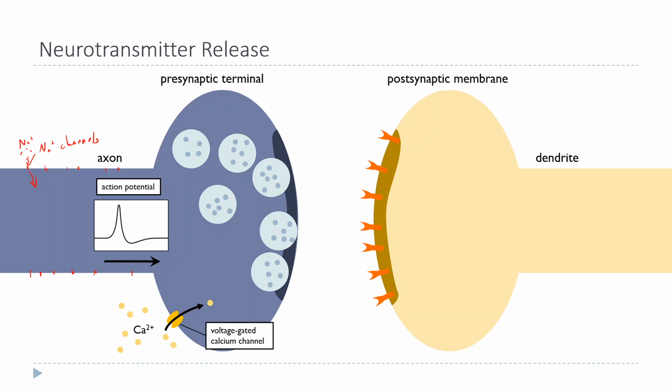When the action potential gets to the terminal, it makes the inside of the synaptic terminal more positive than the outside. That triggers the opening of a type of channel called voltage-gated calcium channels. Calcium is another ion, and it has to get into the cell through a channel just like sodium. Calcium, like sodium, is more concentrated on the outside than the inside.